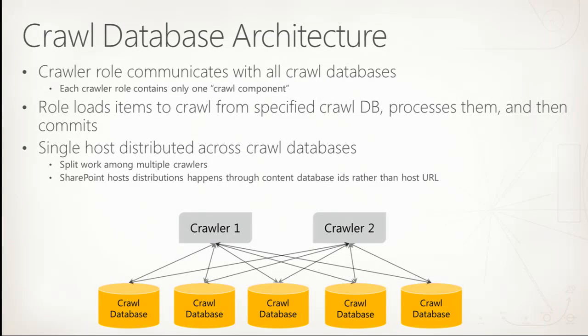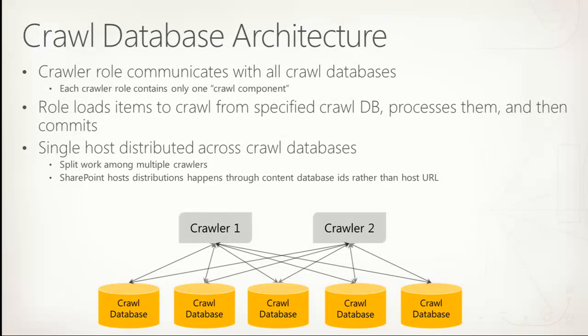So when you scale out content databases, a couple of things that does for you. One is it means that a single host can be processed by multiple crawlers and multiple content databases. So you don't get any kind of locking or table locking or synchronization that occurs around that. So the primary functionality there is that you have the ability to break that host down.